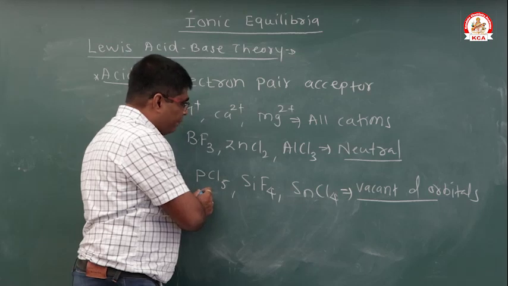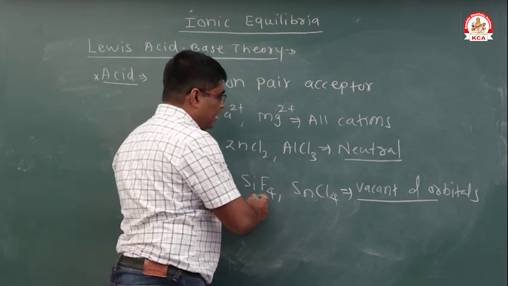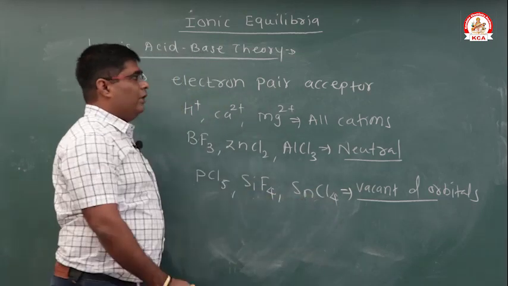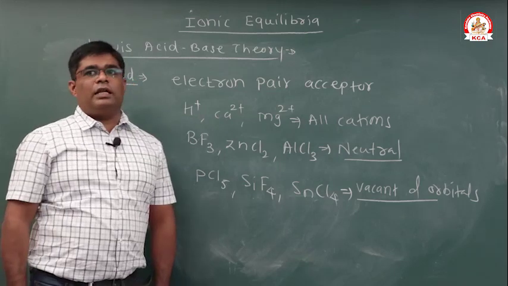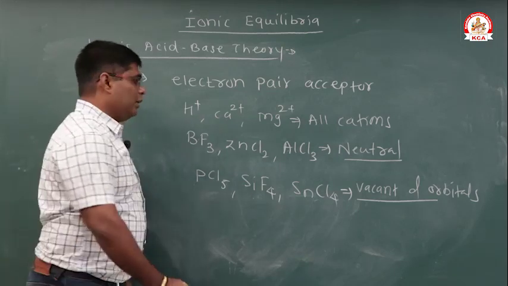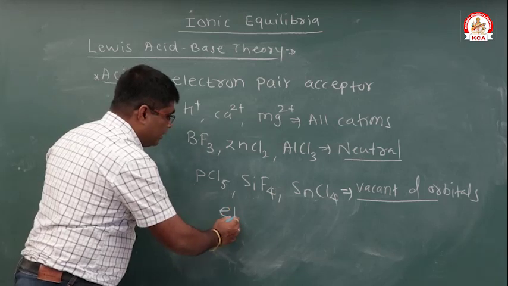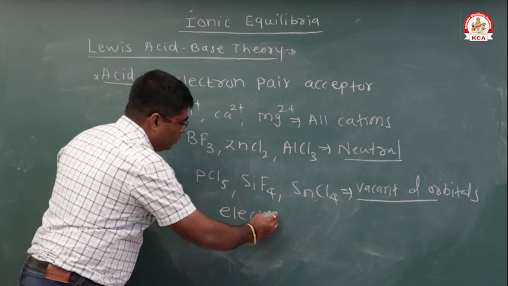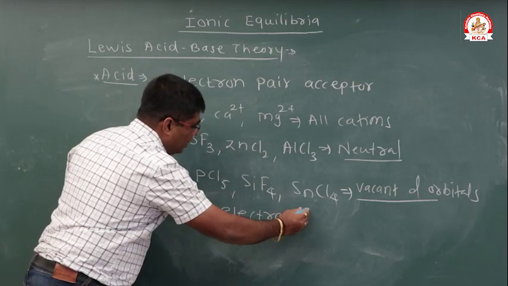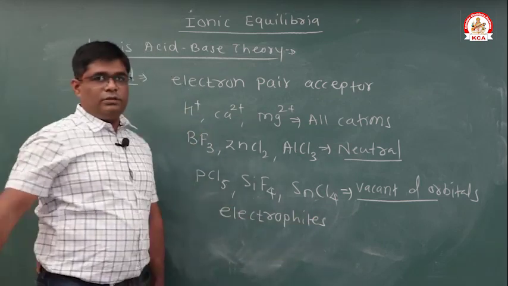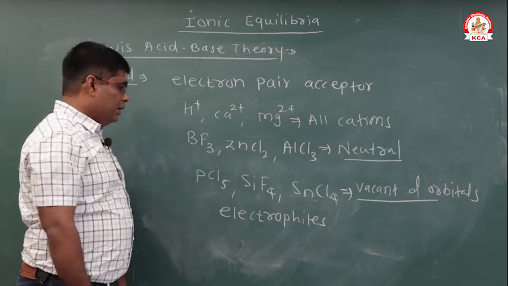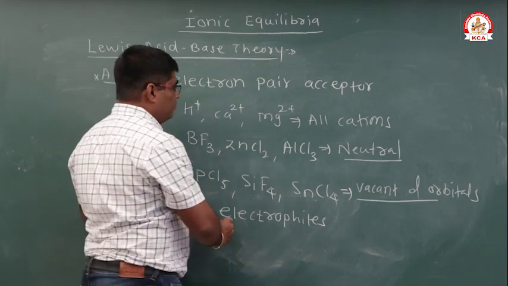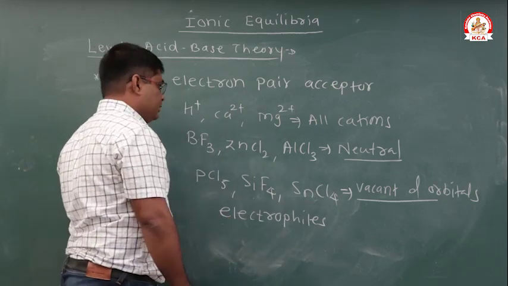PCl5 Lewis acid आहे, SiF4 Lewis acid आहे, आणि SnCl4 सुद्धा Lewis acid आहे. So Lewis acids are electron deficient species, and therefore we say that all electrophiles are Lewis acids. Electrophiles means electron deficient species.